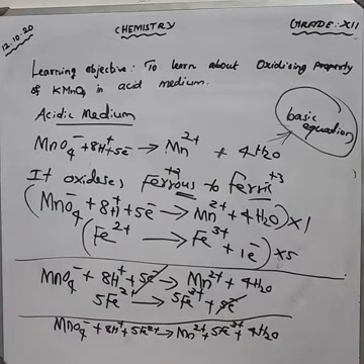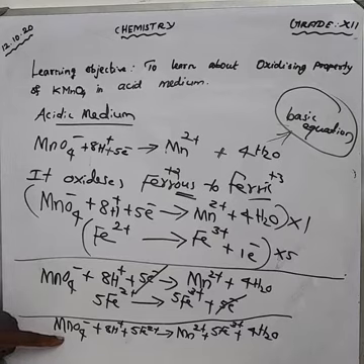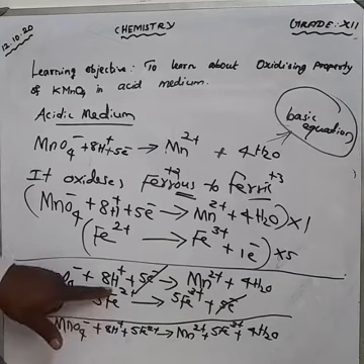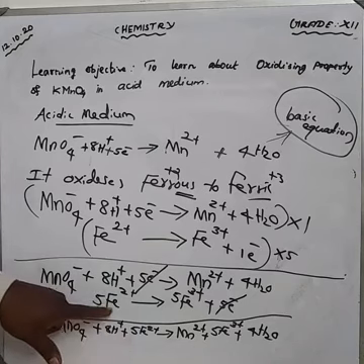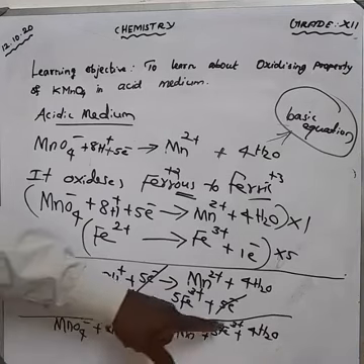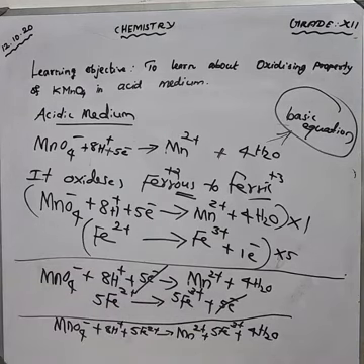Okay, what's the answer? MnO4 minus plus 8H plus plus 5 Fe2+ gives Mn2+ plus 5 Fe3+ plus 4H2O.